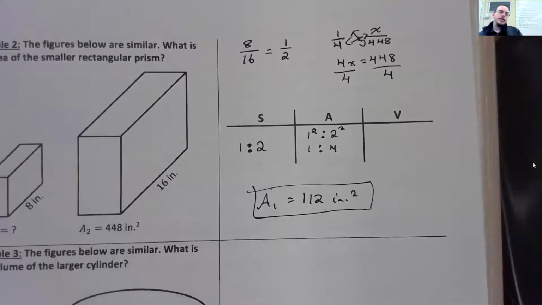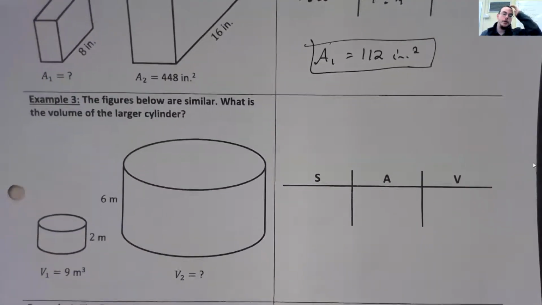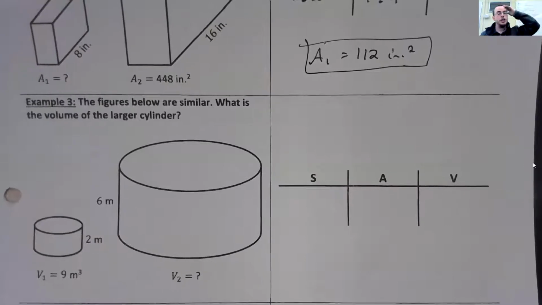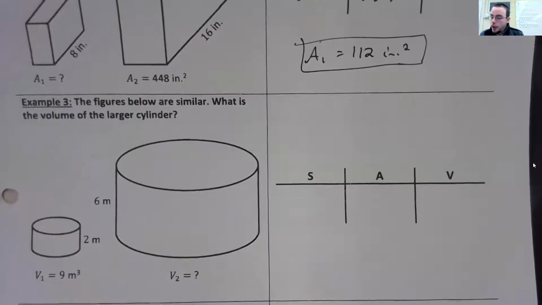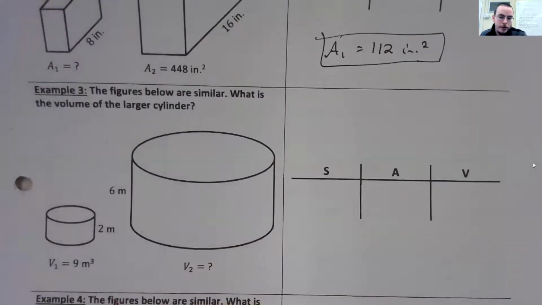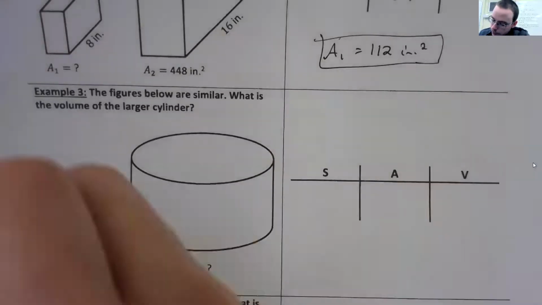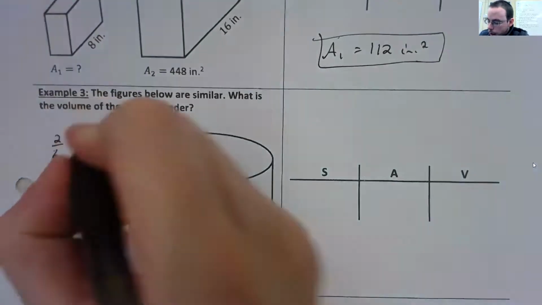And then our last example here, example 3: the figures below are similar. What is the volume of the larger cylinder? We need to determine our side ratio first to find our volume, and we are given sides here, so we don't have to do anything fancy with the area. Our side ratio would be 2 over 6, and if you simplify, that would be 1 over 3.